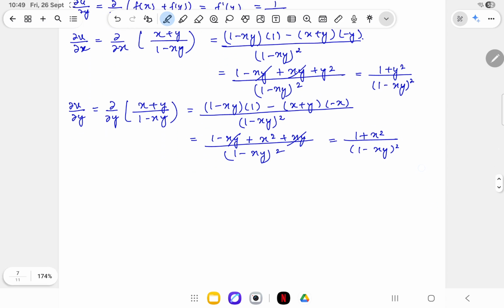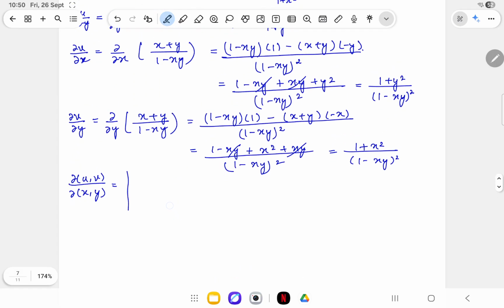Now if you calculate del u comma v by del x comma y, it will be f dash x, that is basically 1 by 1 plus x square, f dash y, that is 1 plus y square. Likewise, del v by del x is (1 plus y square) divided by (1 minus xy) square, and here it is (1 plus x square) divided by (1 minus xy) square.